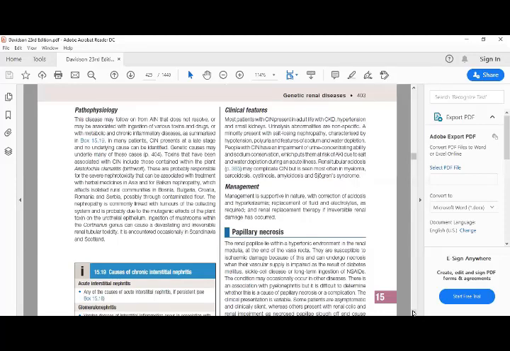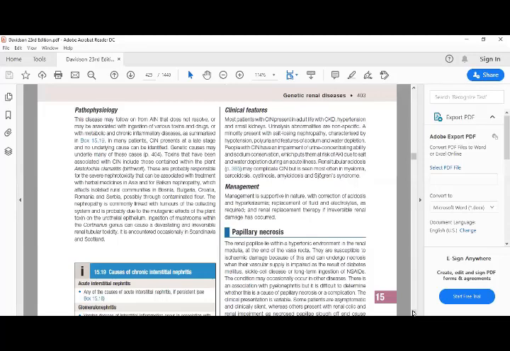In many patients, chronic interstitial nephritis presents at a late stage and no underlying cause can be identified. Genetic causes may underlie many of these cases.